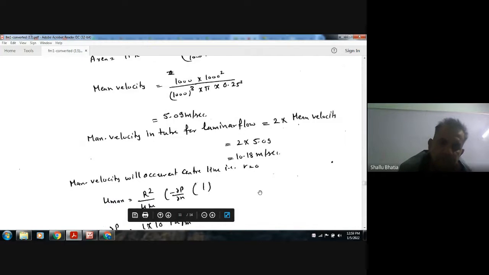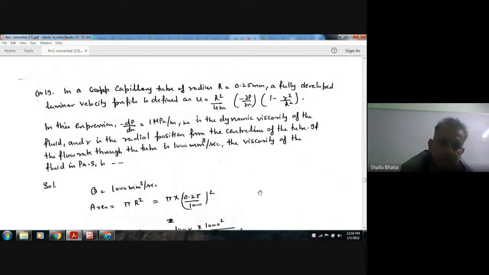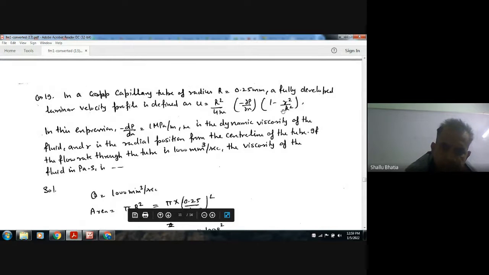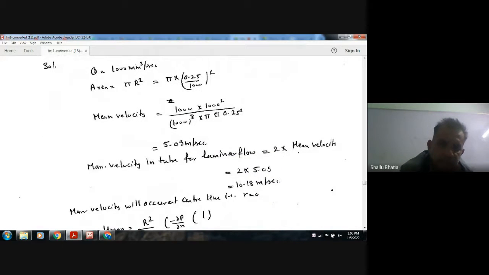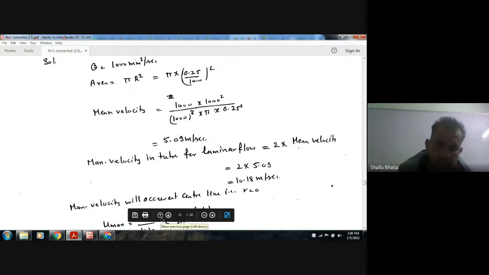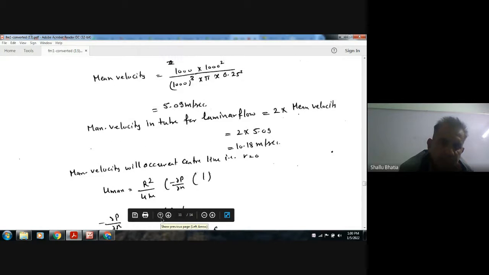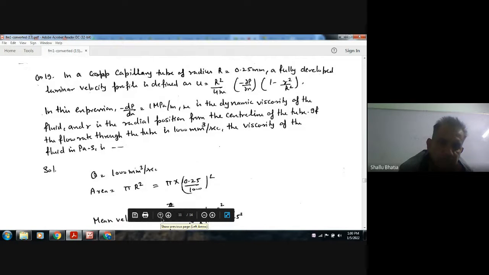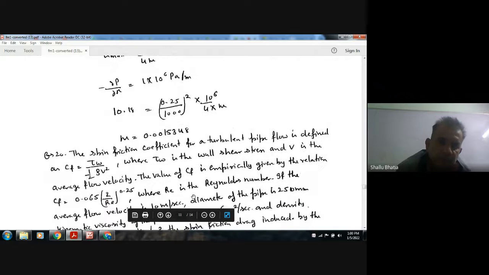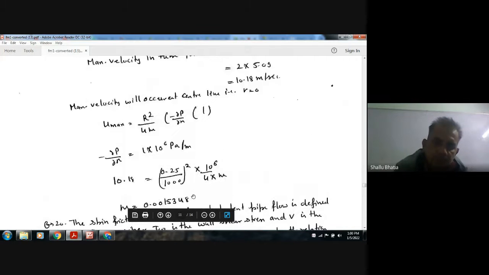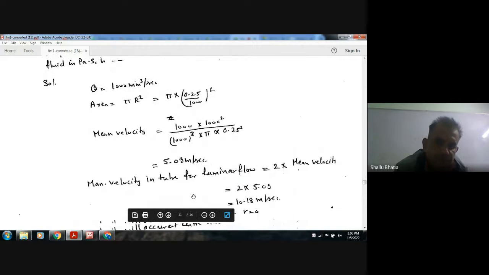The maximum velocity occurs when the radial distance r is 0, so u max is R square by 4 mu into minus dp by dx. Here dp by dx is minus 1 megapascal per meter. Putting in the values of u max, dp by dx, and R, we can find out mu, which is 0.0153484 Pascal second.